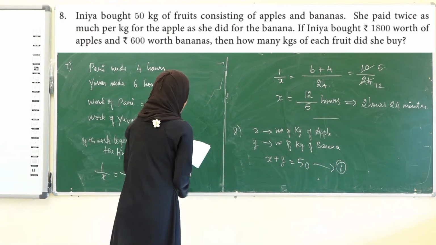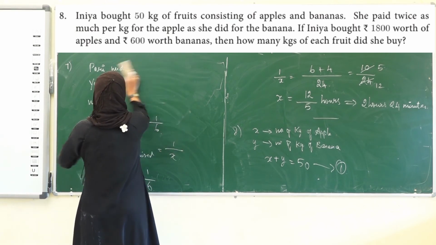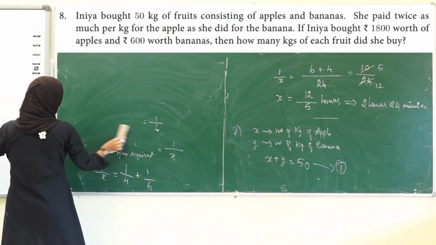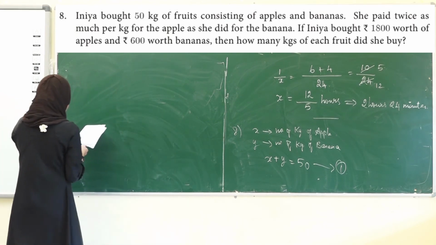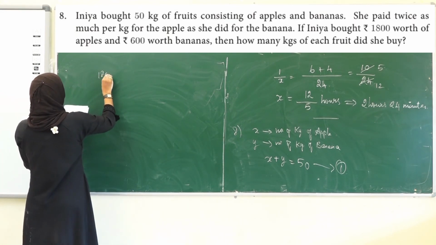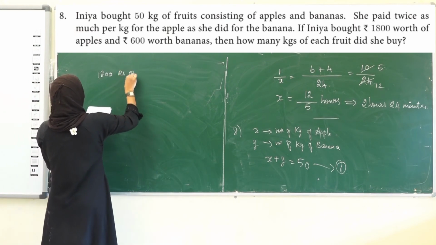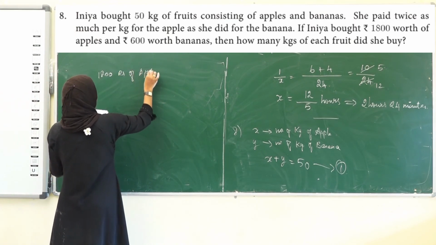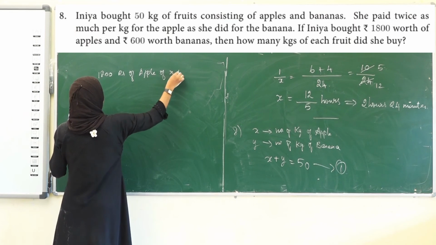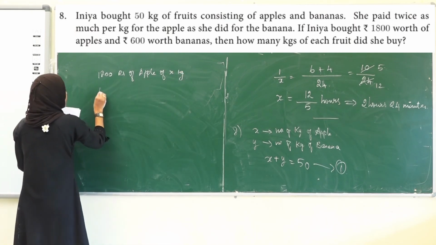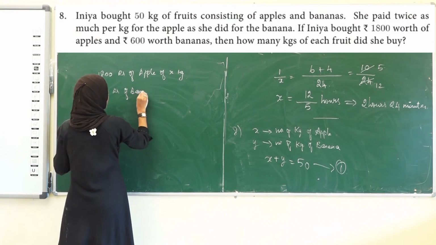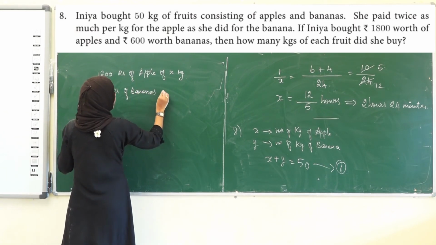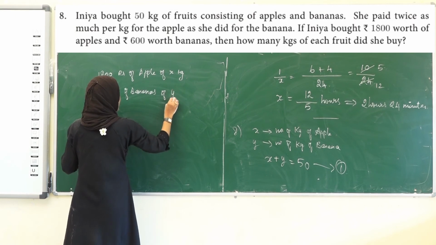Okay, she paid... see here, she bought 1800 rupees of apple, of x kg, and 600 rupees of bananas, of y kg.